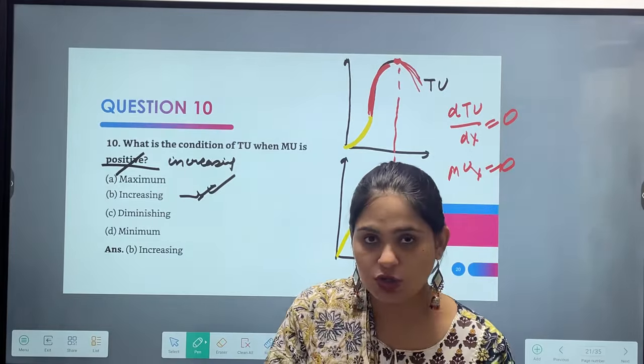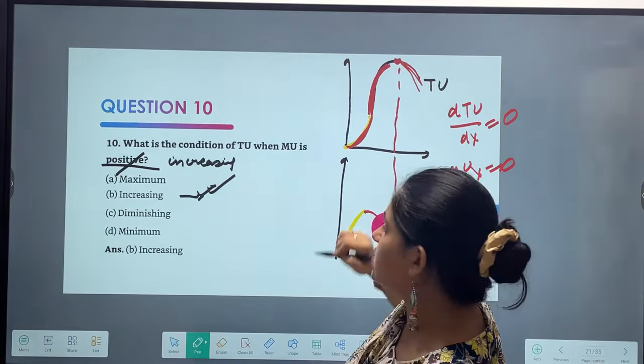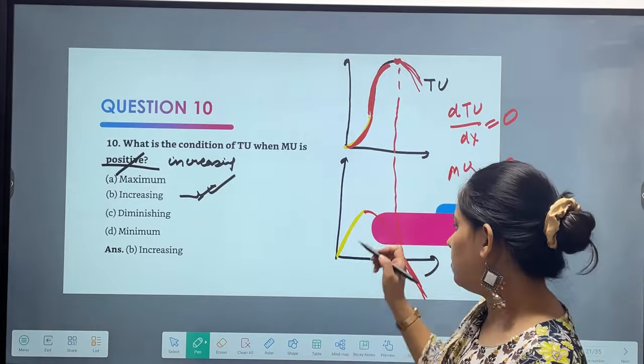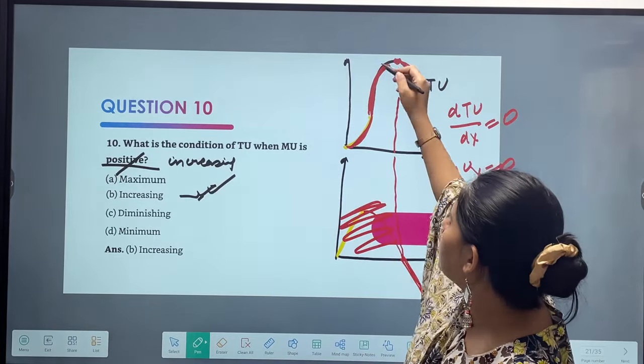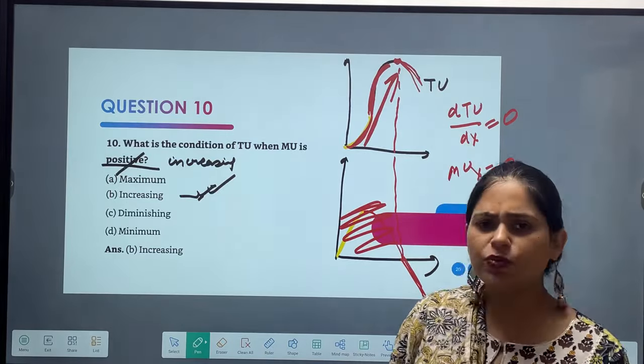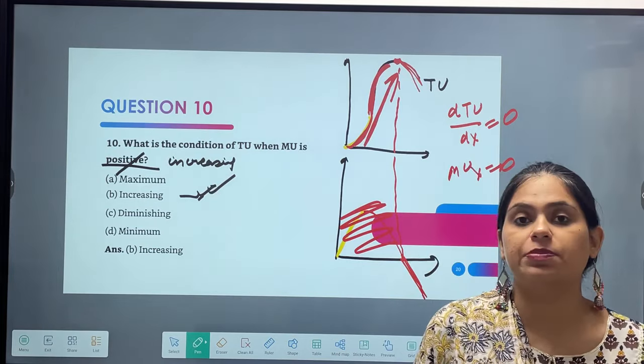Then you should have said it will increase at an increasing rate. Marginal utility positive अगर सिर्फ बोला है, मतलब ये पूरा aspect. So we know that total utility throughout is increasing in this zone. So we can simply say increasing. I hope you are clear with the slope concept.